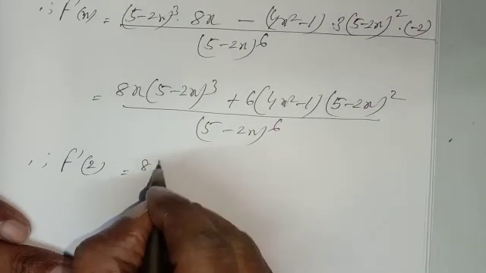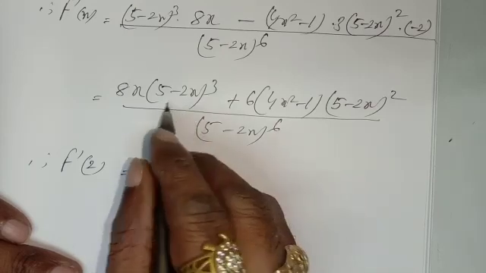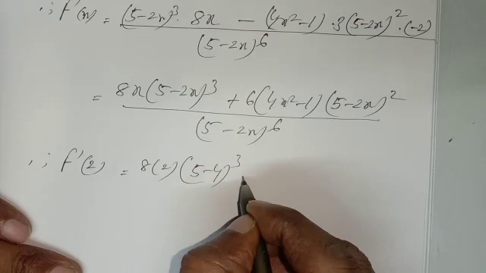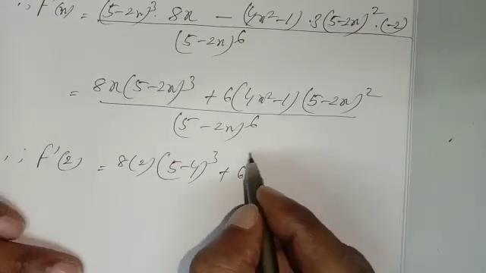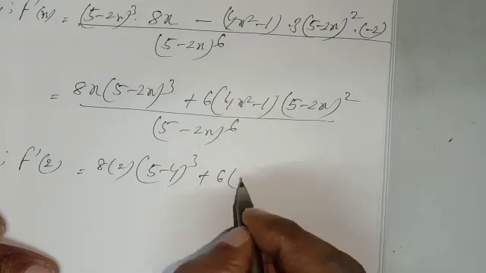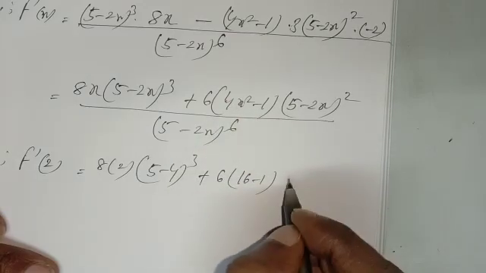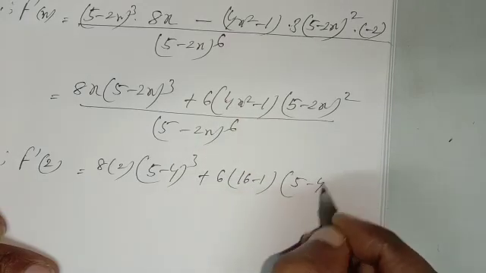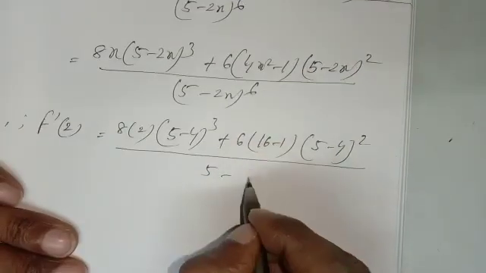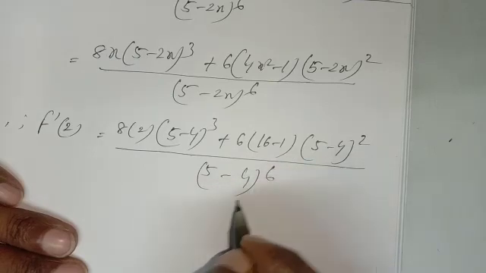This will be 8 into 2, and it will be (5 minus 4) whole cube plus 6 into, if I put x equal to 2 here, how much will it get? 2 whole square, 4 fours are 16, minus 1, and here (5 minus 4) whole square, divided by the same thing here, (5 minus 2 into 2) whole to the power 6.